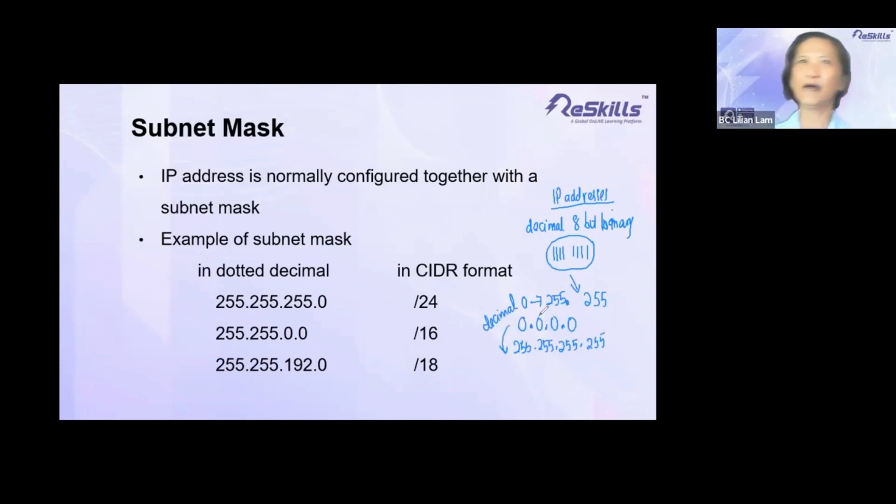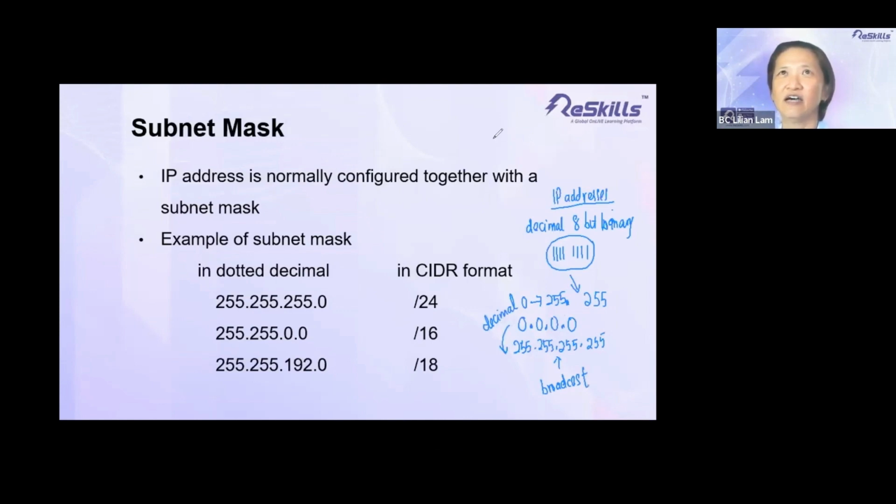Now if the IP address is 0, it doesn't mean anything; you don't have a house number 0, you basically start from 1. And 255.255.255.255 is what we call a broadcast IP address. So normally our IP addresses would be within that.